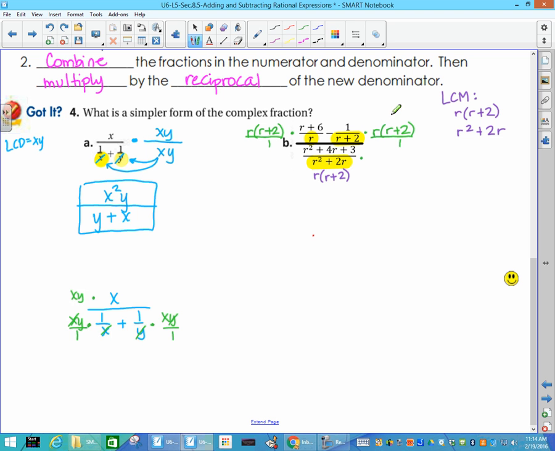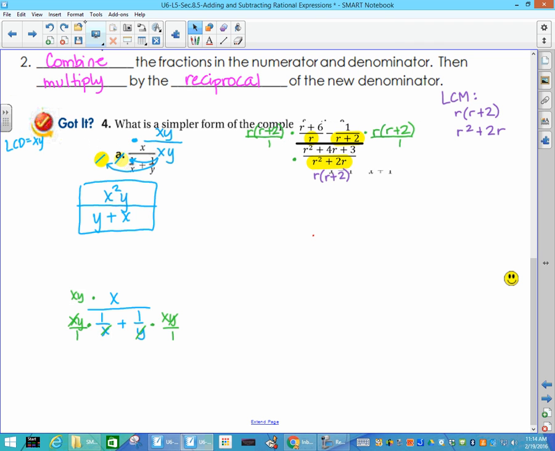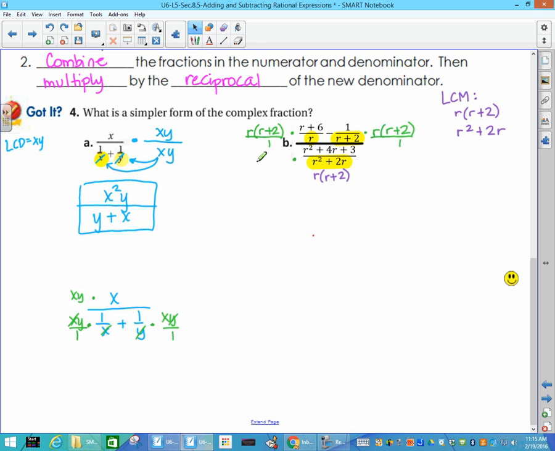Actually, I'm going to write it over here. I think it might be easier up here. Sorry. Let's write it over here. I'll just keep going. All right, so this one I'm going to multiply by r squared plus 2r over 1. So each thing that I've written here, I'm multiplying it by that fraction.